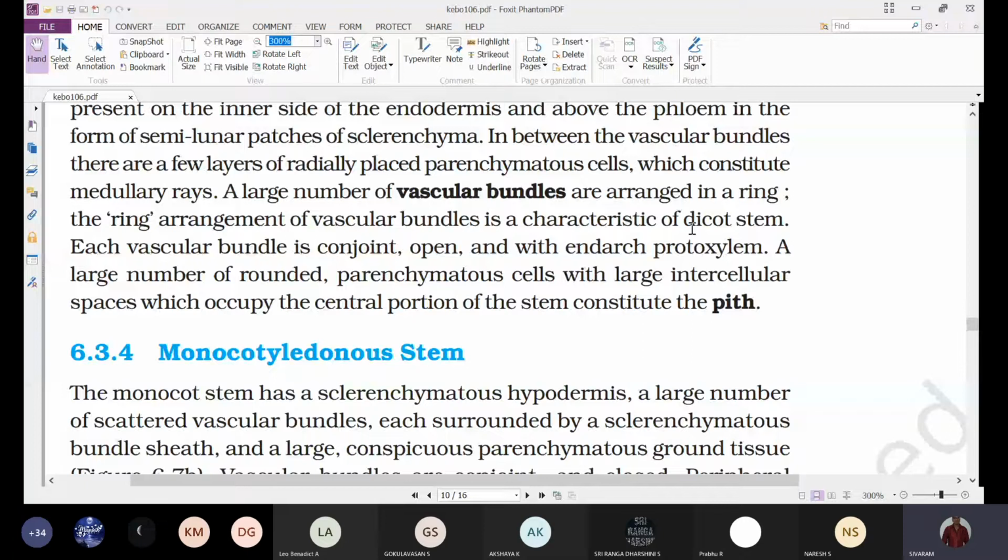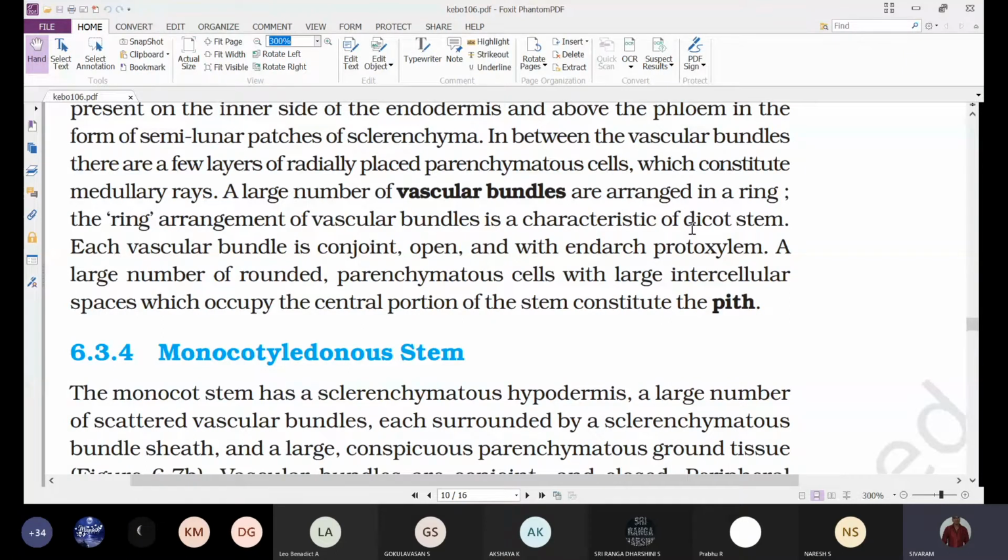Simply take a small transverse section of the stem, and after staining properly, observe it under the microscope. When you observe the arrangement of vascular bundles, we can easily identify whether it is a dicot or monocot.